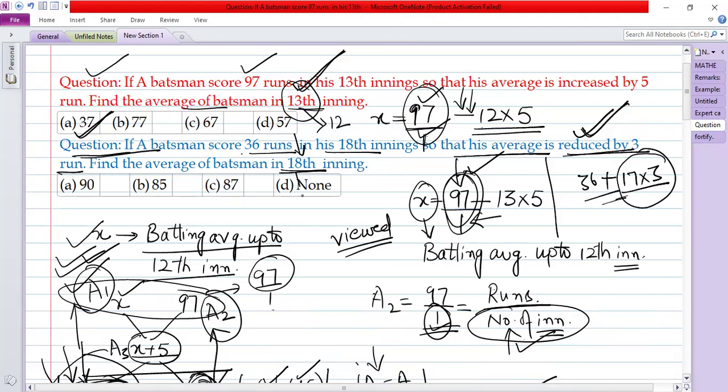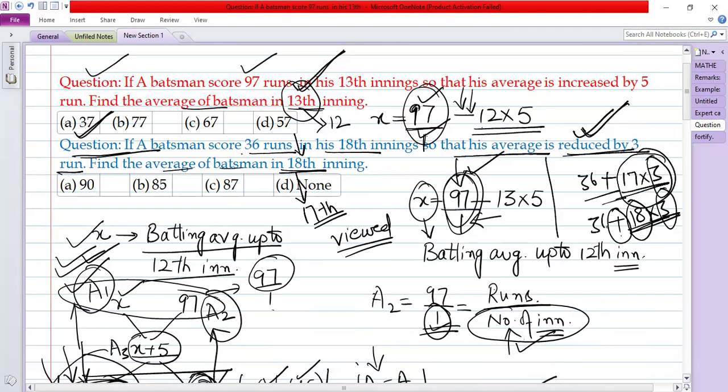And if by chance instead of 18 we have the 17th inning, meaning we have to find the average of the batsman up to the 17th inning, then I will add the total decrement up to the 18th inning. So here this 3 is the decrement in one inning, and this 18 into 3 or 17 into 3 is the total decrement up to the 17th or 18th inning.